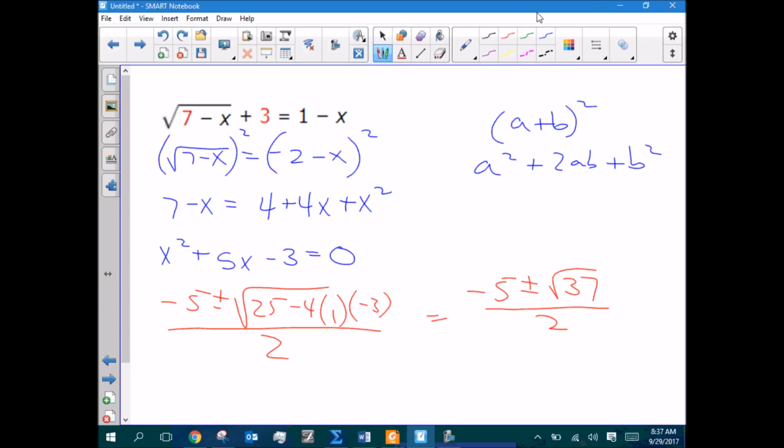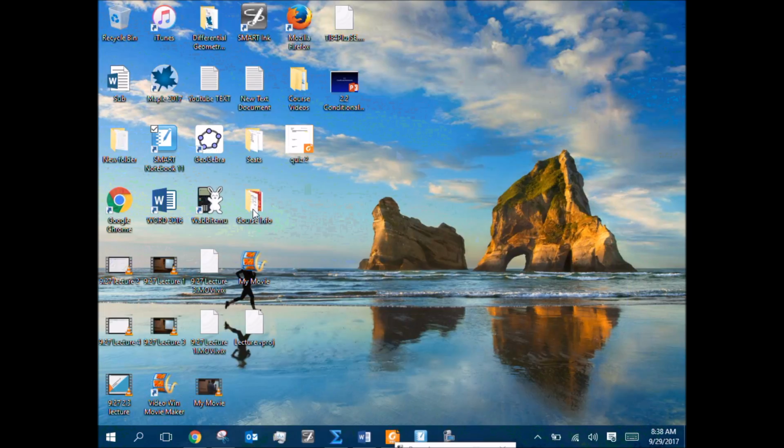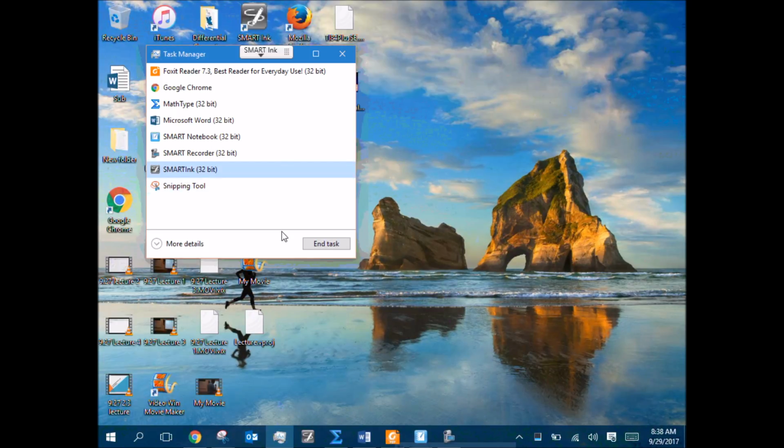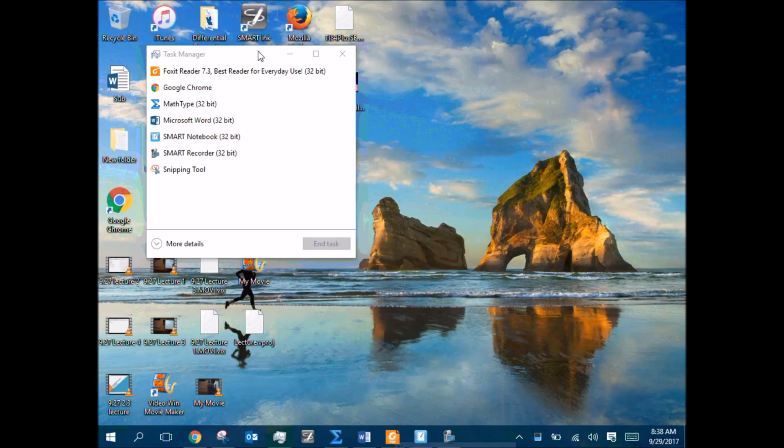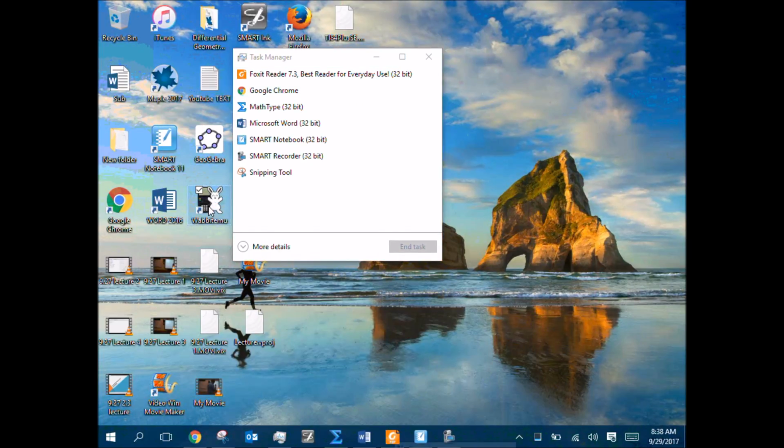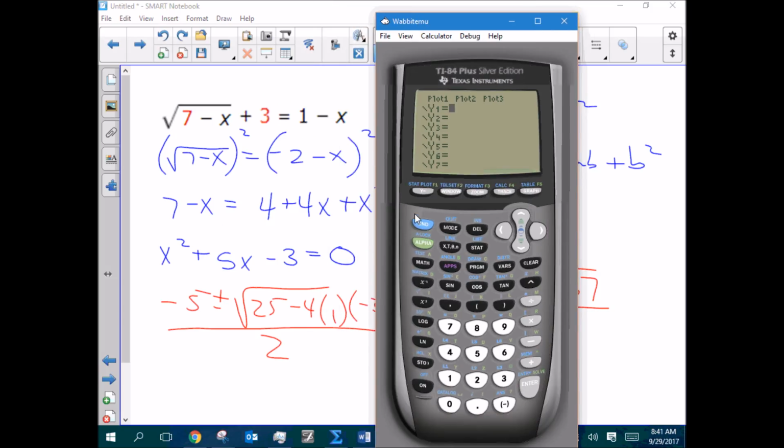But using my calculator to see if these solutions work. Okay, there's a couple different routes you can take here. For 0, so I'm going to put in square root of 7 minus x, plus 3, minus 1 plus x.